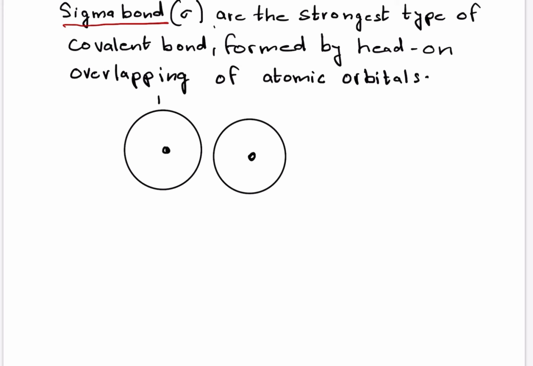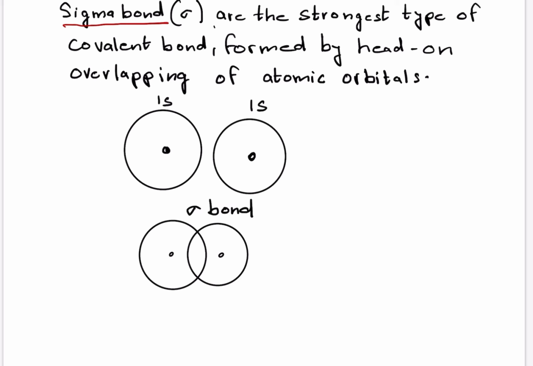So this is 1s and this is 1s. Now when they combine together, they combine in this way. Just as we talk about covalent bonds, they combine in this way, and this is how they form a sigma bond.